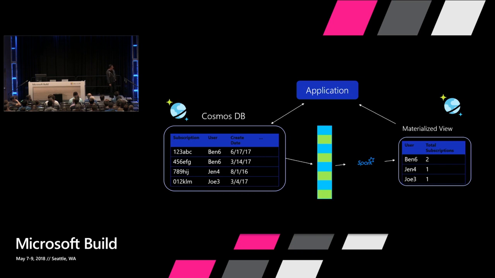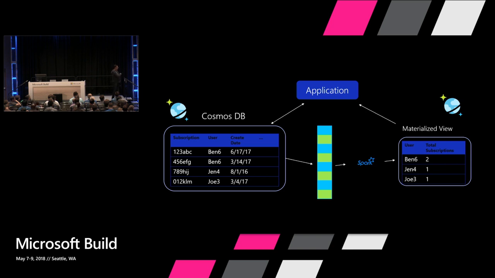Next is creating a materialized view. All the data is coming in, and as you must have already heard or seen, Cosmos DB is all about very, very high throughput and low latency. We can easily go to 2 million, 3 million, 5 million requests per second. And in that kind of throughput, you still want to build some materialized view.